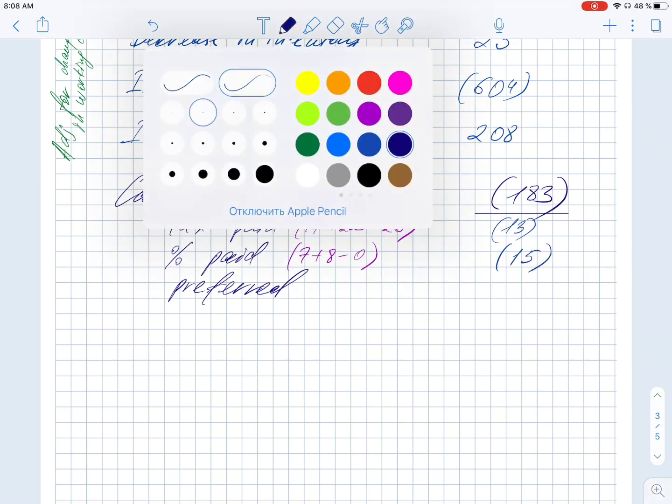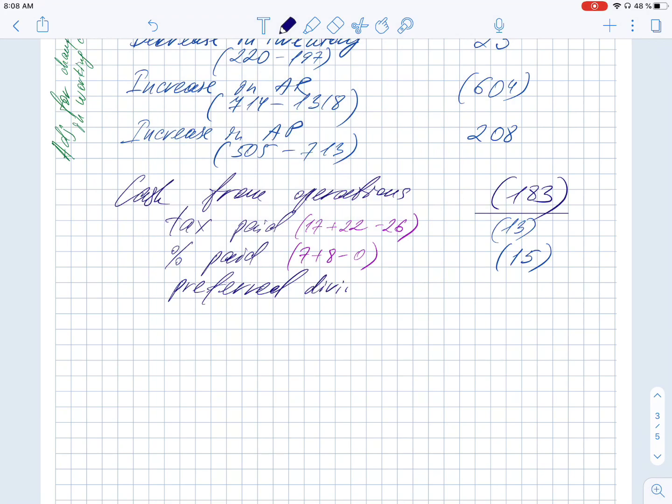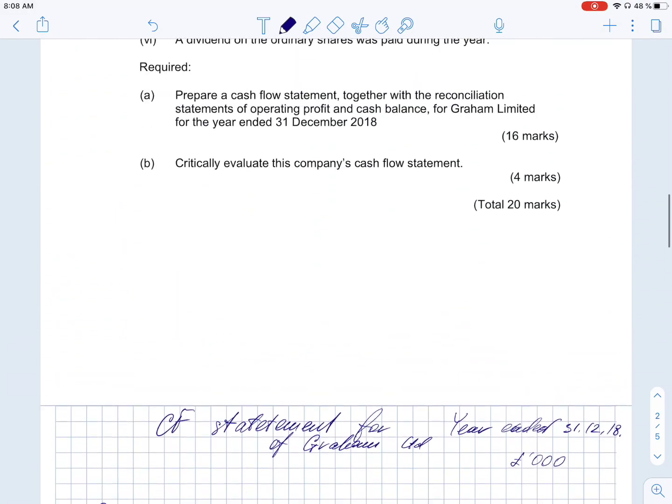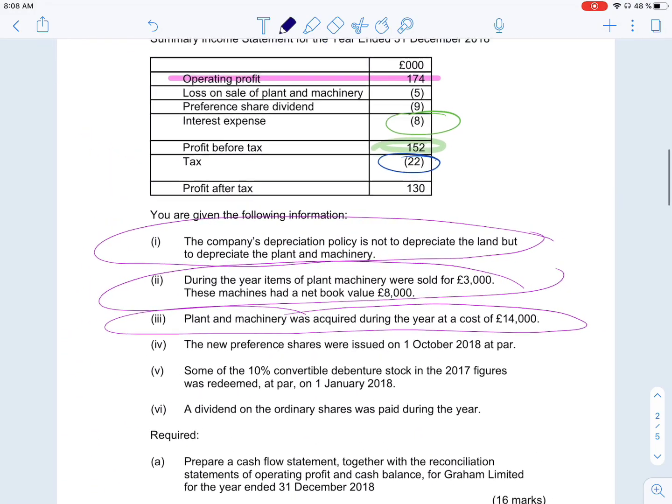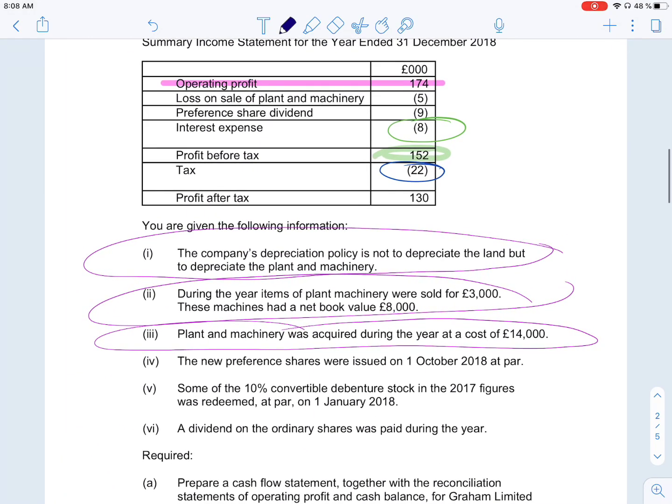And what about preferred dividends? We can see the line which reads preference share dividends in the small income statement here.